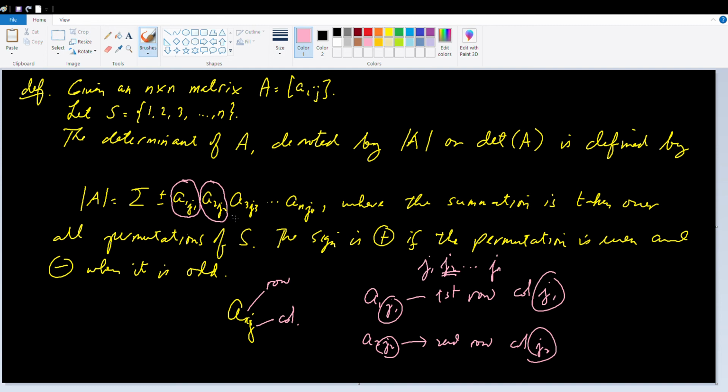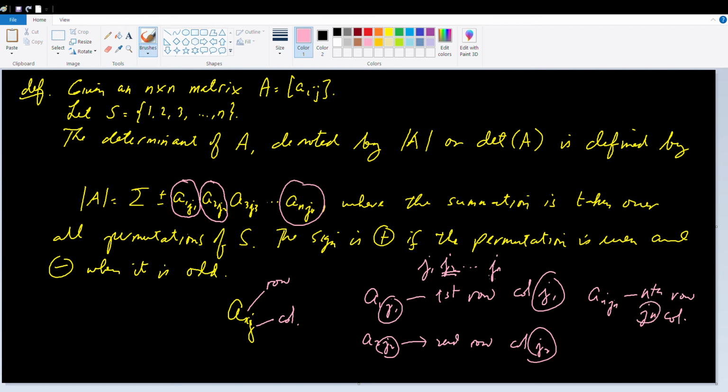And we continue on and on until the last element AnJn. AnJn means that it comes from the last row, the nth row, and column Jn.